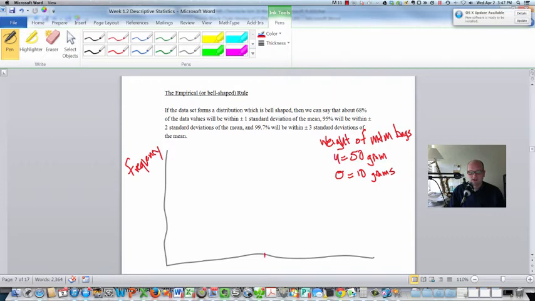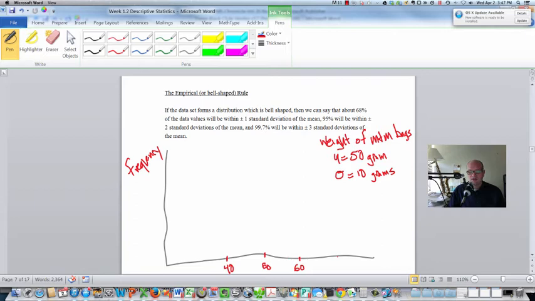So let's draw this. Let's put down here 50 is our mean, and then let's go out. If we go one standard deviation away from 50, on this side it would be 60. If we go away one on this side, it would be 40. So that's exactly one standard deviation. A standard deviation equals 10 in this case. It could equal something else, but in my case I told you it equals 10. So that is one standard deviation up and one standard deviation down.